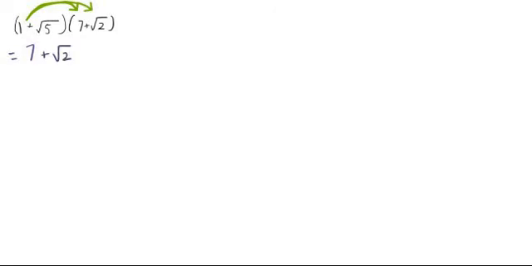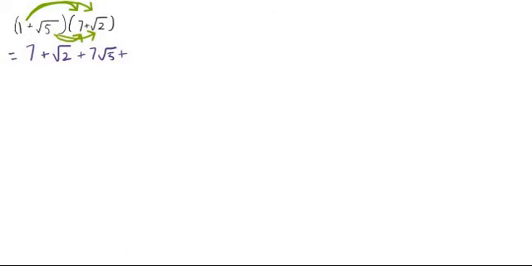Then we have root 5 times 7, which would be 7 root 5. Then root 5 times root 2.